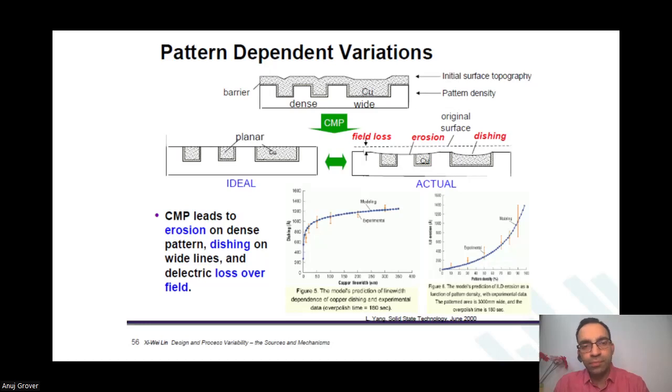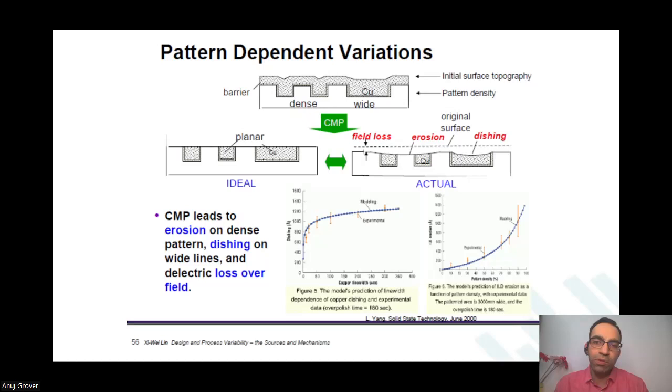Sir, if the wires are placed denser to each other, then the dishing cannot happen for the densely placed wires. But those wires will have lesser resistance. What does dishing mean, sir? Dishing means that during the CMP process, as you see in this right side figure, when there are wide wires, they end up eroding, eating away the copper more than what was desired, because copper is much softer than silicon dioxide.